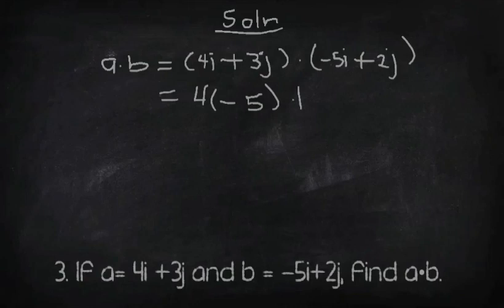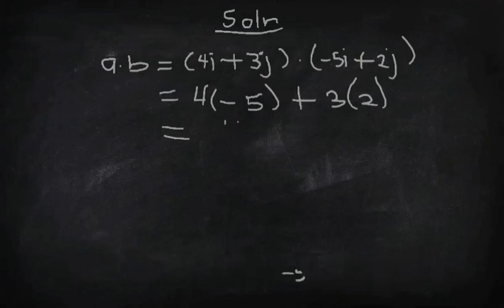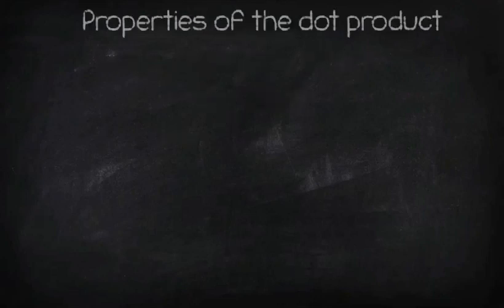So you know how to do it: x with x, y with y. So 4 times -5 plus 3 times 2, which gives -14. And I know that whatever I've done right now you understand, because it's very easy to understand.